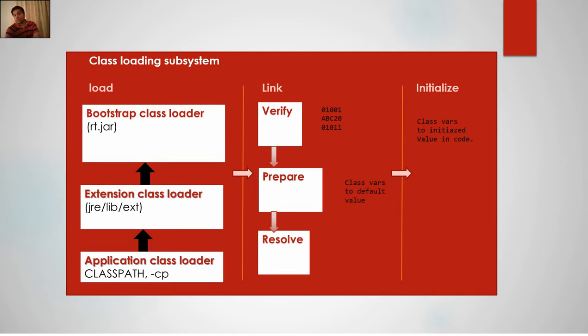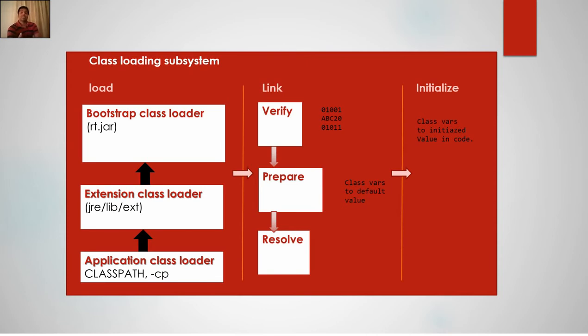Where do those internal classes reside? The internal classes are inside the rt.jar that is distributed with your JVM implementation. Next time when you are on your computer, just go to the JRE folder, and you might find the rt.jar under there. So that is the Bootstrap class loader.